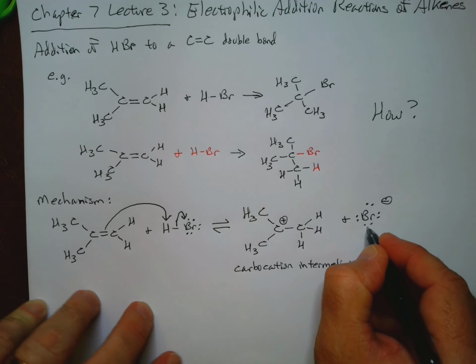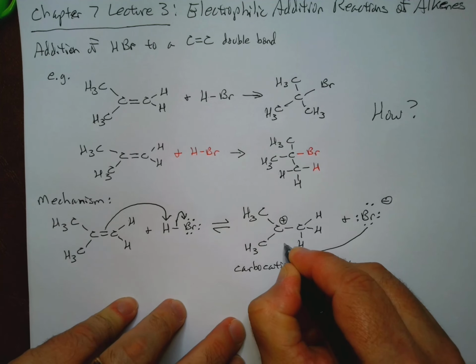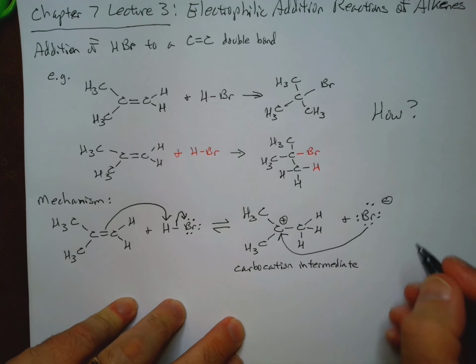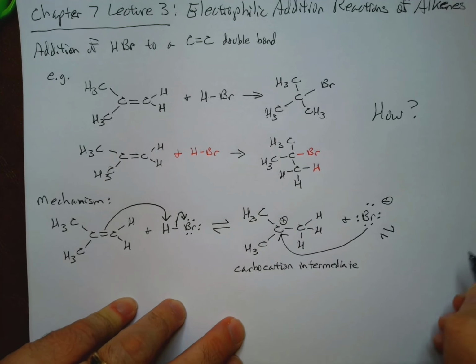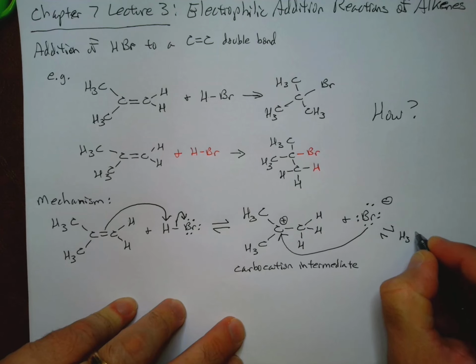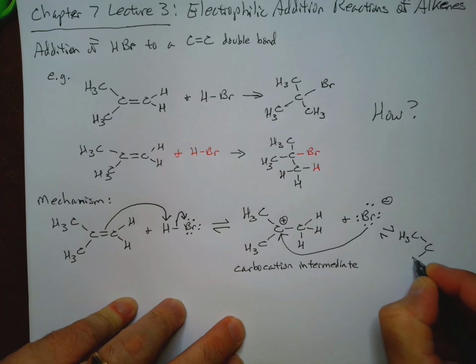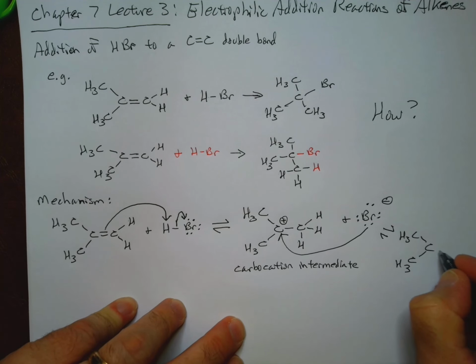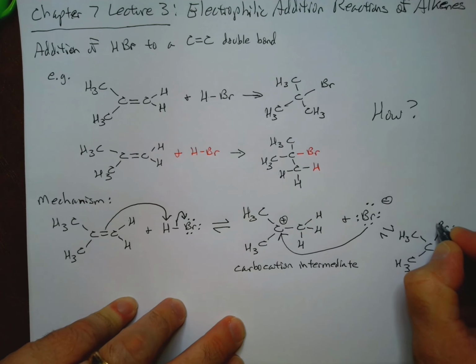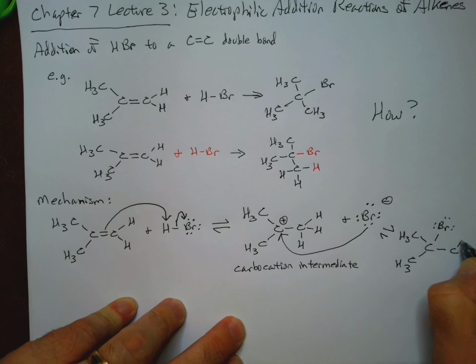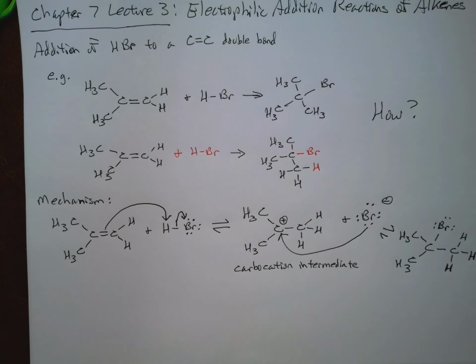And now this can go ahead and add to the carbocation, giving us our final product. And I'm just showing these hydrogens or writing them out because that's what I had done here.